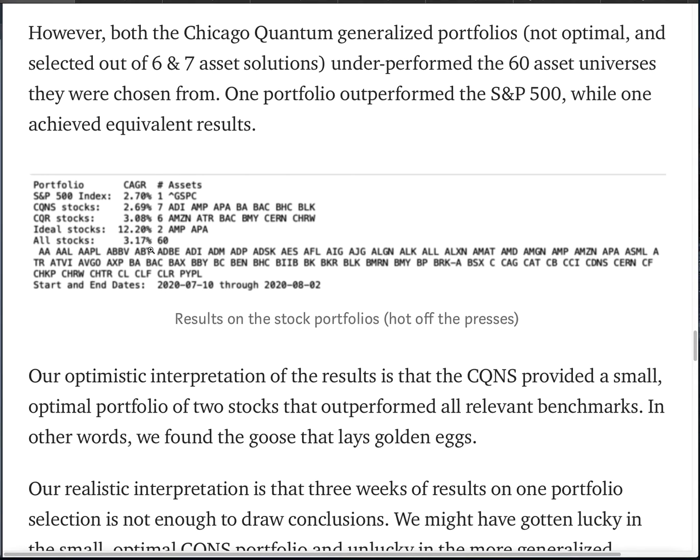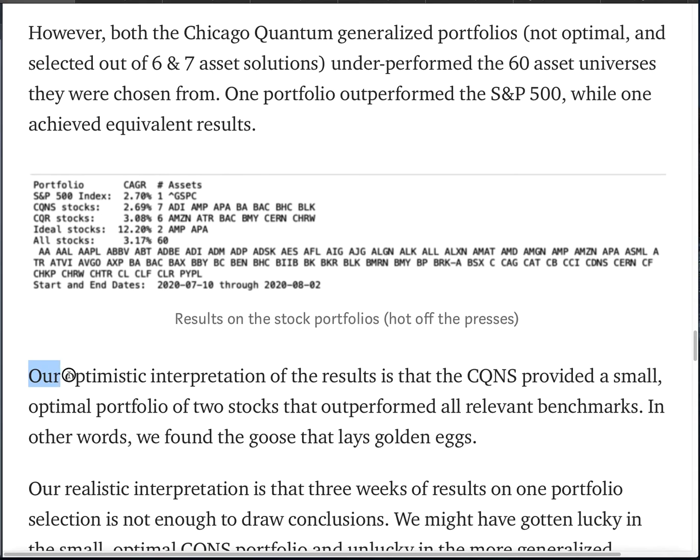The all-stock 60 portfolio returned about 3%, as did the CQNS, CQR, and the S&P 500. I would say the difference between 3.08 and 2.7 and 3.17, they're all about the same. But those 2 ideal stocks that just popped, those are our all-stars, making a ton of money.